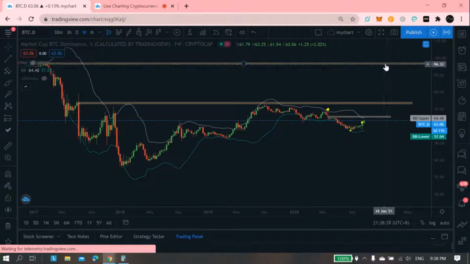I think I can comment more on this. Let's just focus on this first, and then if this gap is filled, of course there's a possibility that it will be filled depending on the adoption of Bitcoin.